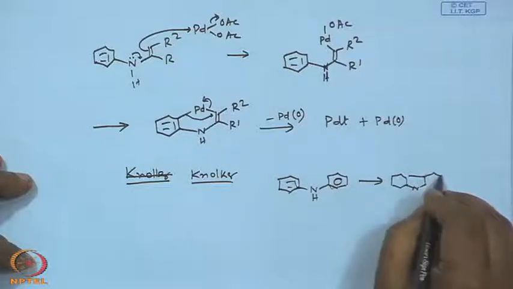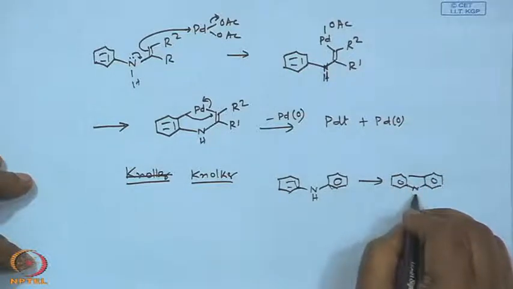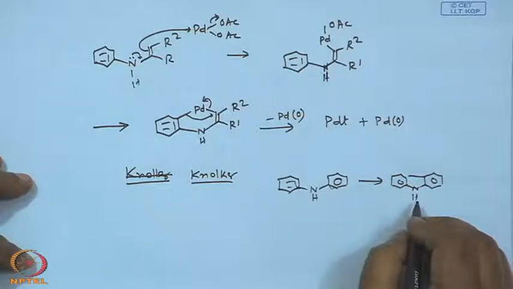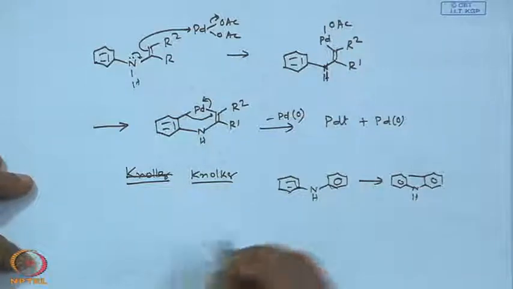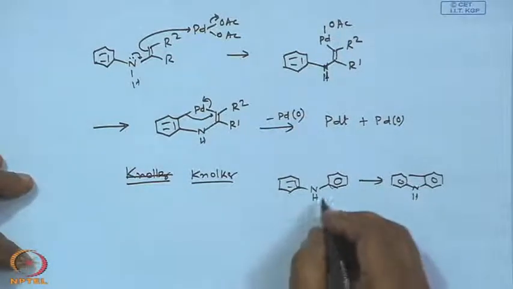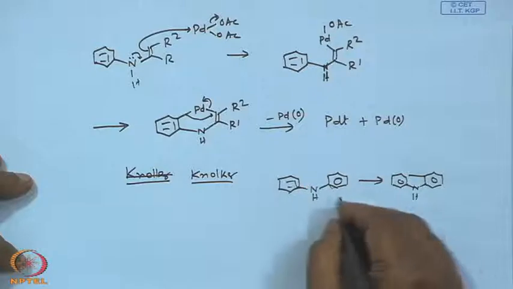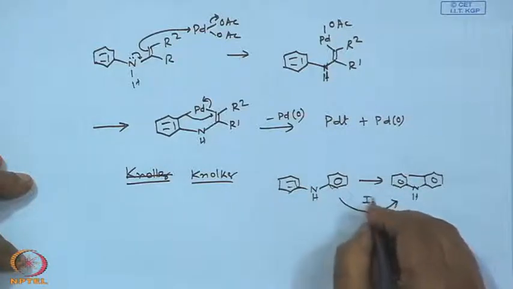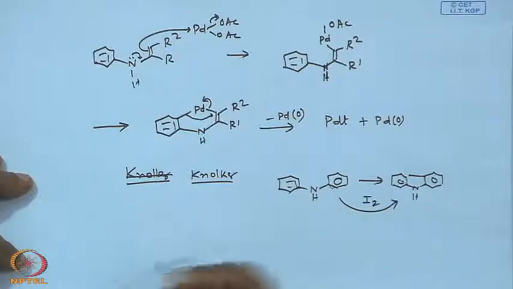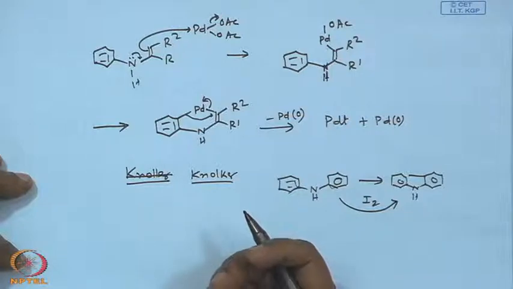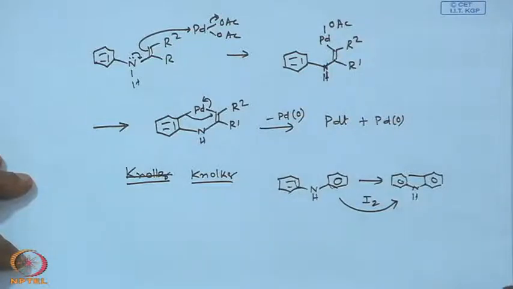That means, in this case the other side also is a cycle, but he could get to this carbonyl derivative. Okay. A few years ago, one could also convert this simply with iodine. Iodine is an oxidizing agent for all practical purposes, because it gets converted to iodide. So, if you just mix them together at high temperature, it can give you the carbazole.